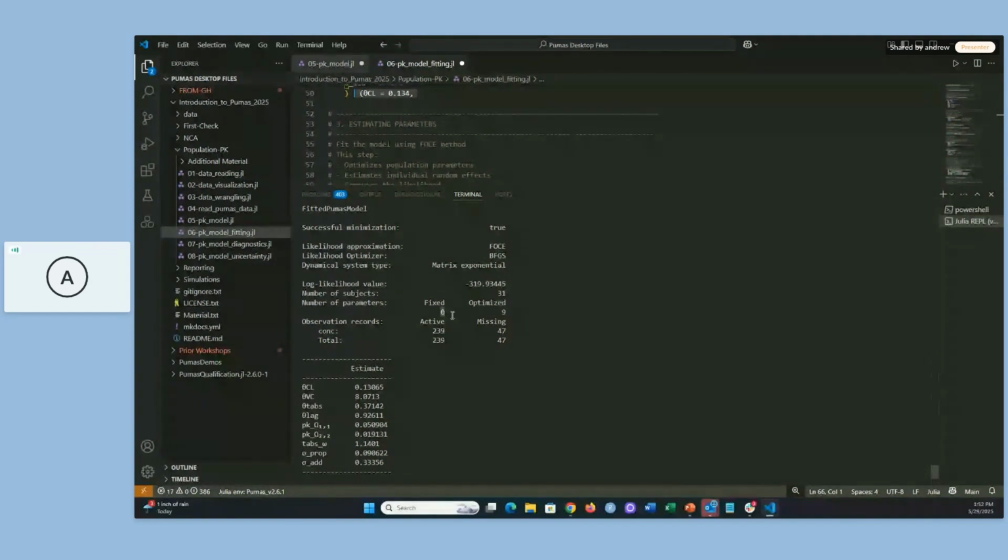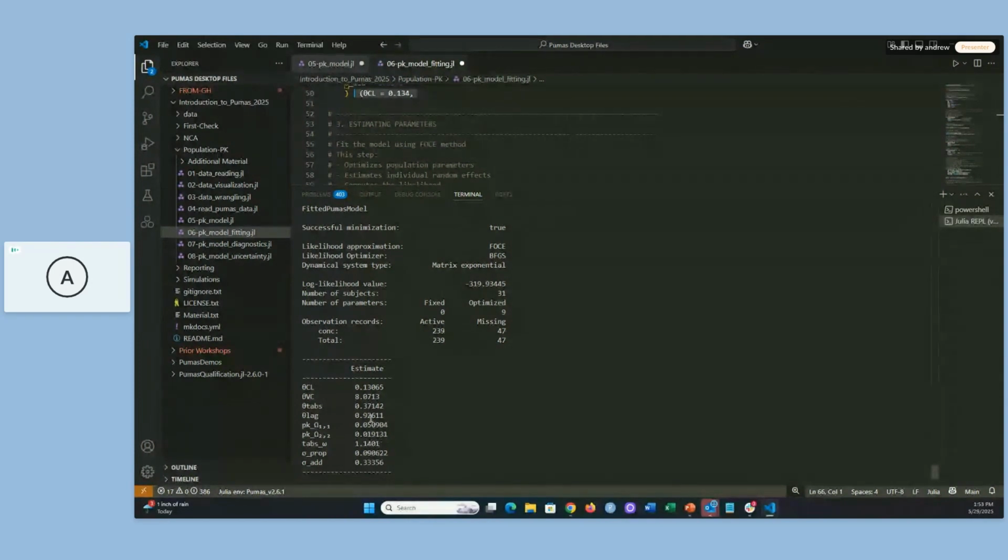It means that we held a parameter constant, like we defined our clearance as 0.2 versus allowing it to actually be estimated. We allowed it to optimize 9 individual parameters, and it gives you a summary of the total number of observations in each. And then we have a base summary of the estimates that it's popping out.